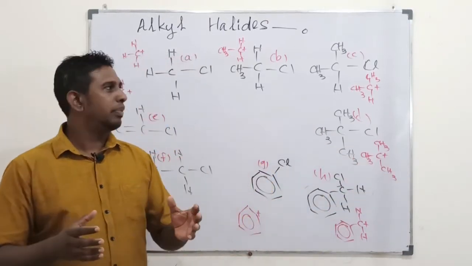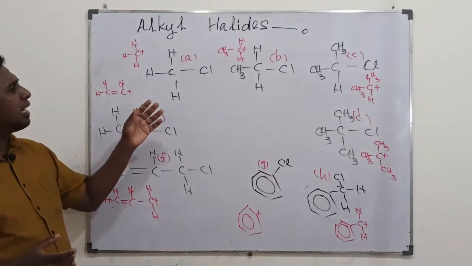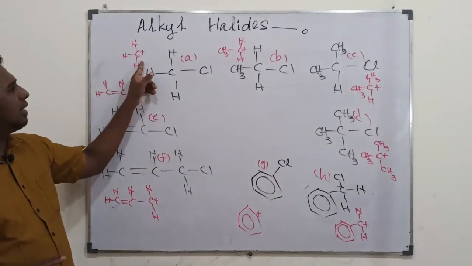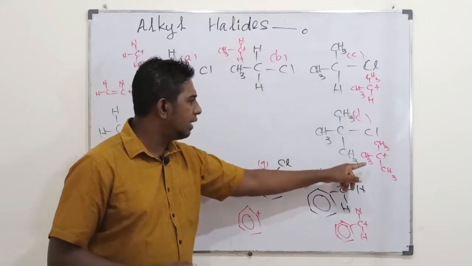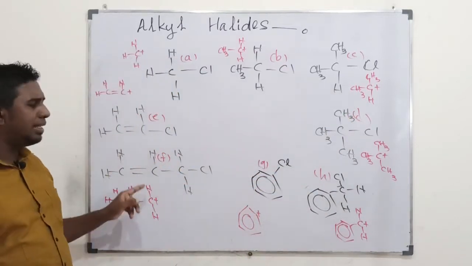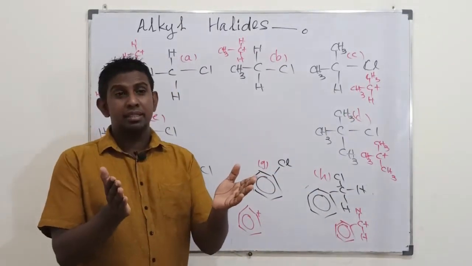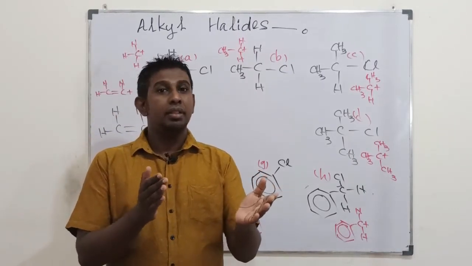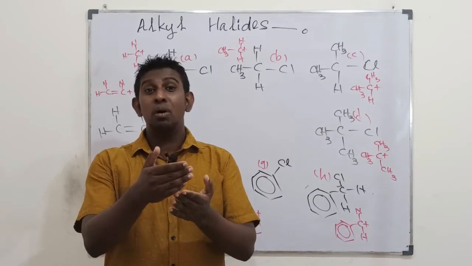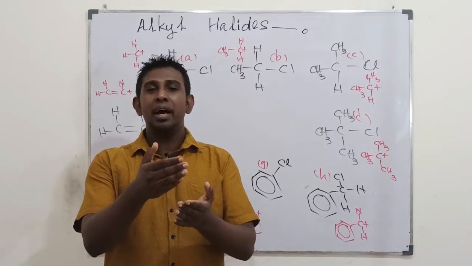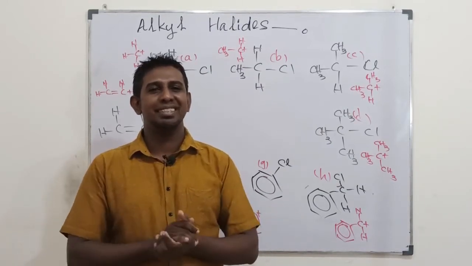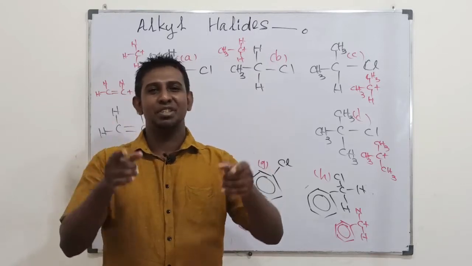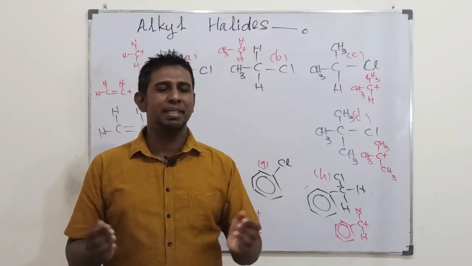So if we compare these cations formed, their relative stabilities, if we find some are comparatively more stable than others, their leaving would be more encouraged. Others' leaving would be discouraged. That's what the point is. Hope you could understand. It's very simple.